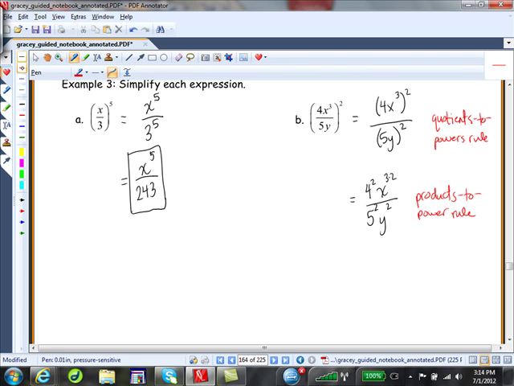Okay? The x to the 3 times 2 is the power raised to power. So this will be 16 x to the 6 divided by 25 y squared. We do a last check and make sure we can't simplify anymore. And we can't because we have different bases. So this is fully simplified.